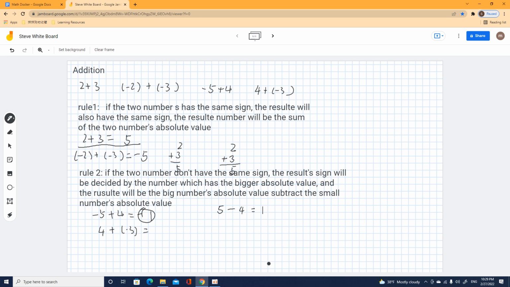So that means the result sign will be positive, and the result number should be the absolute value of 4 minus the absolute value of negative 3, which is 3, that is 1. So the result should be 1. Okay, so that is about how to do the addition. Basically, if you follow those two rules, you definitely can get a correct result.